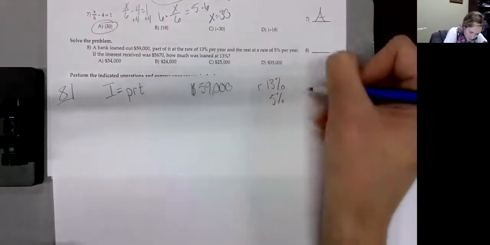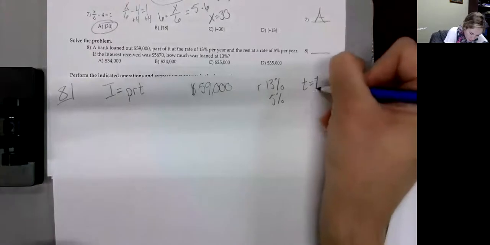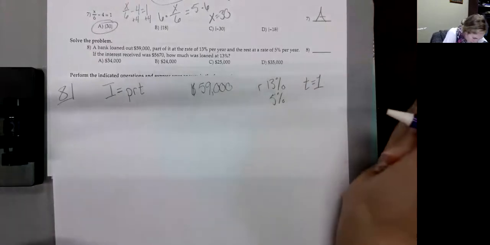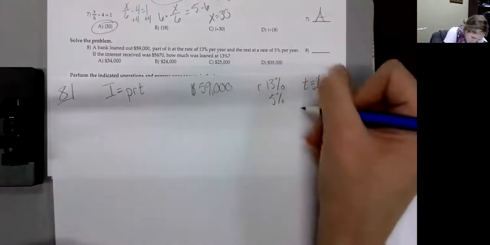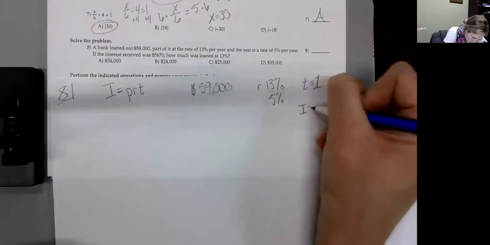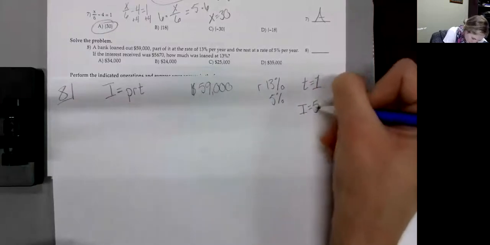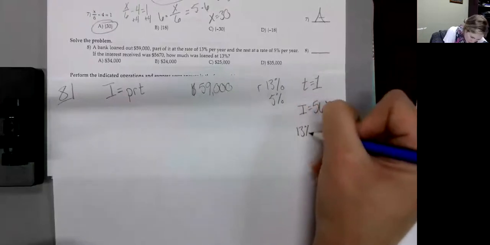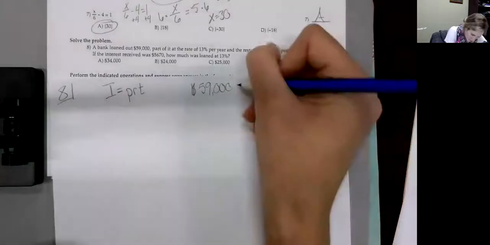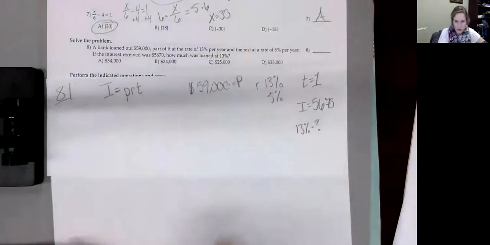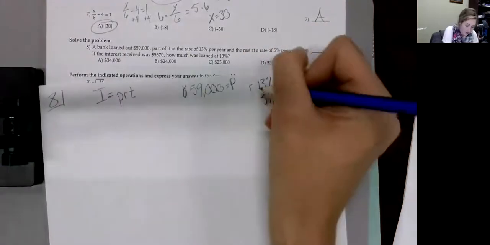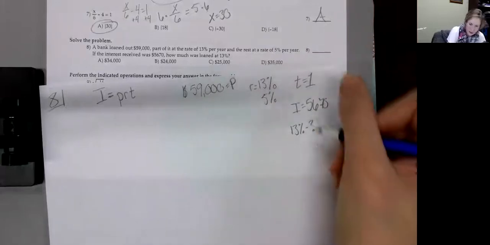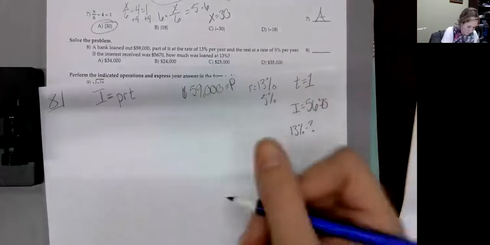And since it's per year, it told us right there, T equals 1. If the interest received, I, equals 5,670, how much was loaned out at 13%? And this is our principal. So we have P, we have 2 R's, T, and I, and we're looking for how much was here.